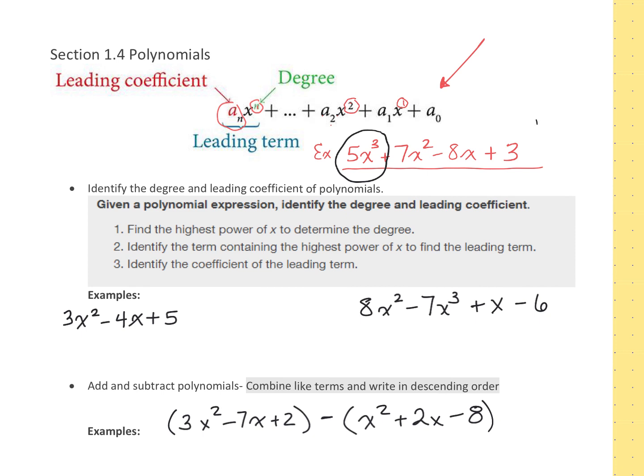Our degree, in this case, is 3, and our leading coefficient is 5. So we do need to be able to identify those. So remember, it's easiest if you put it in descending order, which is standard form.